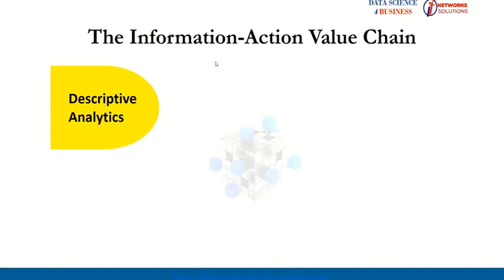For the descriptive analytics, the goal basically is that you want to be able to see how to describe what things look like now, and what happened in the past. Whatever things look like now and whatever happened in the past, you want to use that to make informed decisions about how to make your business succeed.